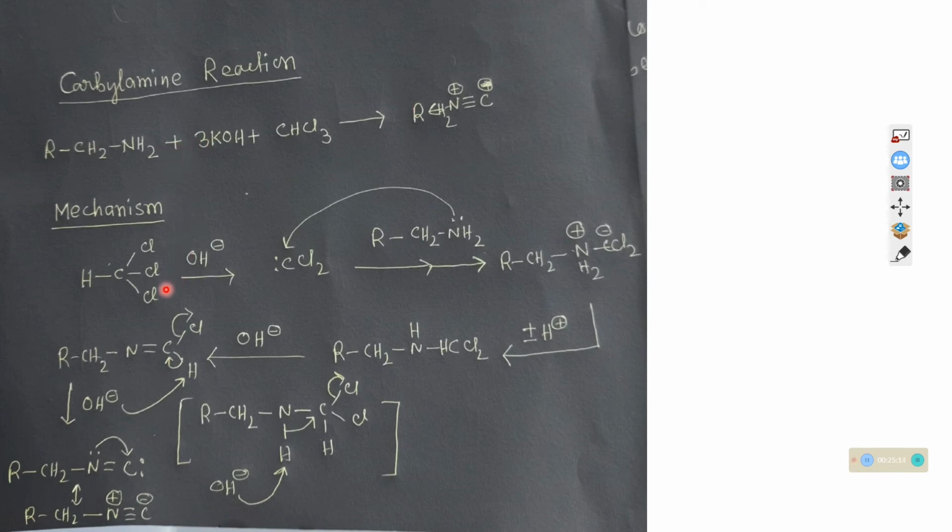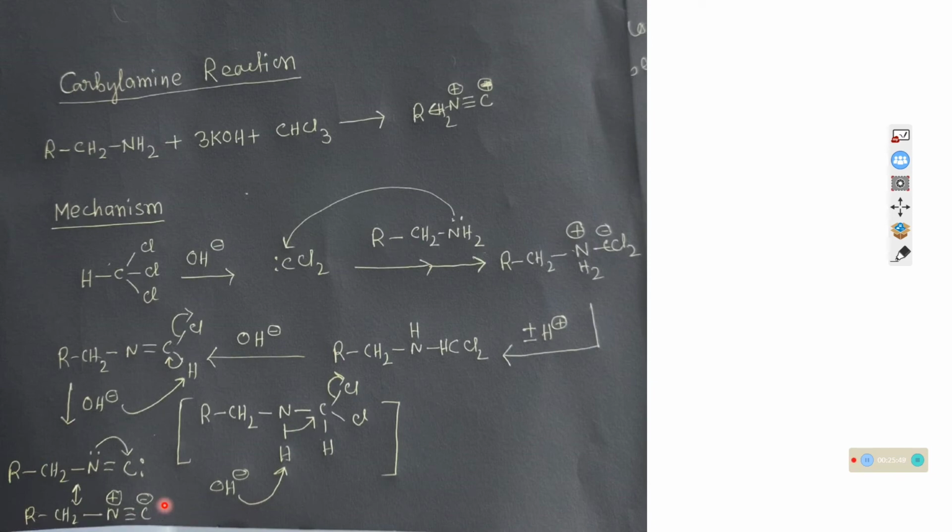So this is called the carbylamine reaction. This is the mechanism. First, dichlorocarbene is formed. Then the amine attacks that carbene carbon, and a proton transfer occurs. Then OH minus abstracts a hydrogen, and again an alpha elimination occurs. Now the lone pair of nitrogen pushes electrons to the carbon side, giving N plus triple bond C minus.